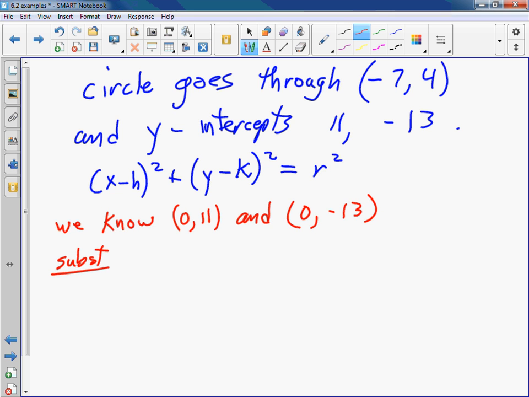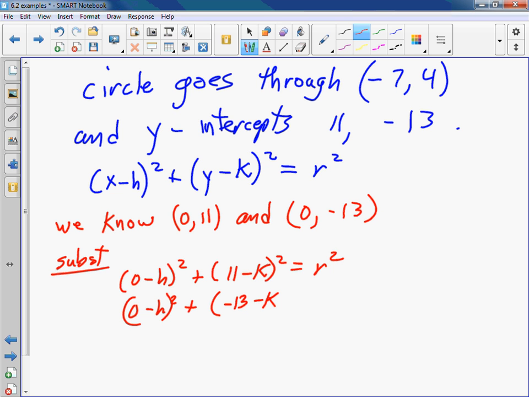The 0 can go for x, so we can go (0 - h)^2 + (11 - k)^2 = r^2. Also we can do (0 - h)^2 + (-13 - k)^2 = r^2.